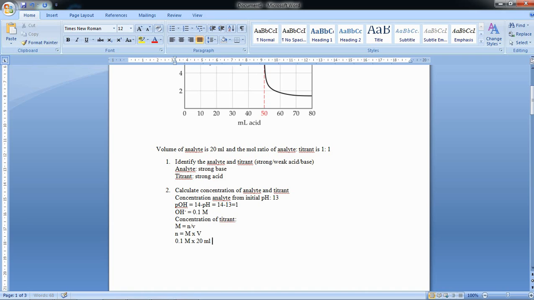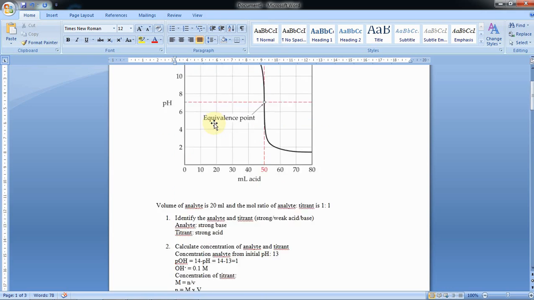You can use milliliters because both of them are in milliliters. Molarity of the titrant times, at the equivalence point, 50 milliliters. Therefore, you can get the molarity of the titrant, you can calculate it yourself.